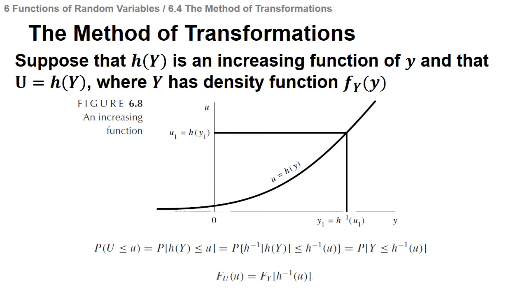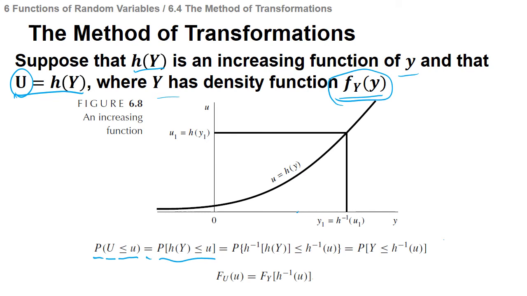Okay, let's learn about chapter 6.4, the method of transformations. Suppose that h of y is an increasing function of y, and that u is h of y, where y has density function f of y. We know this, and we want to find the density function for u. By applying the method of distribution that we learned in chapter 6.3, the probability of u less than or equal to small u is the probability of h of y less than or equal to u.